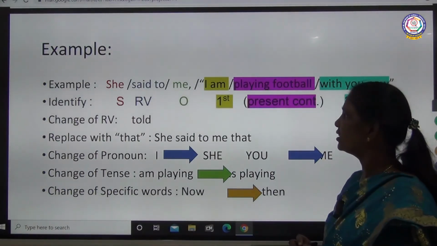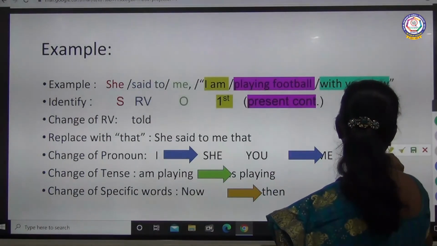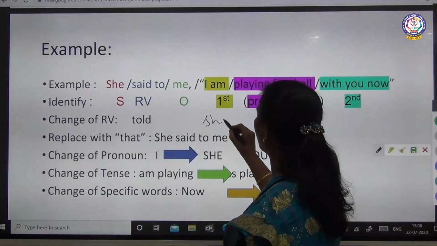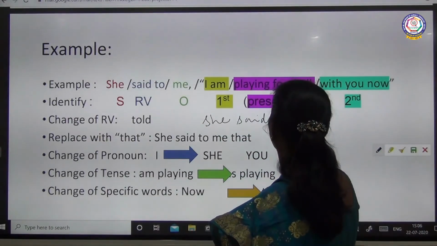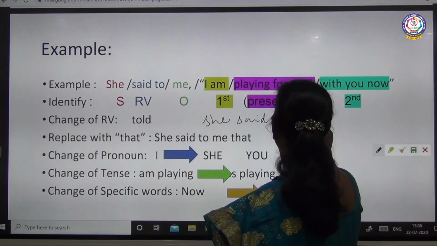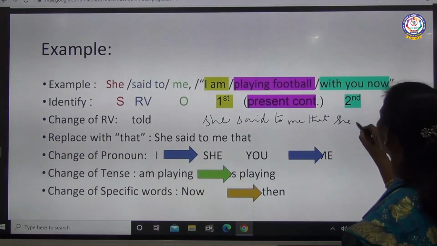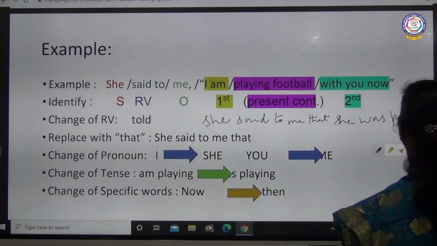So it is very clear, children. So we will write here: she said to me that she was playing football.